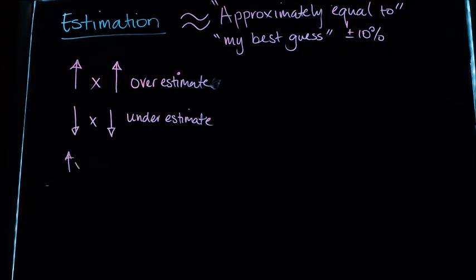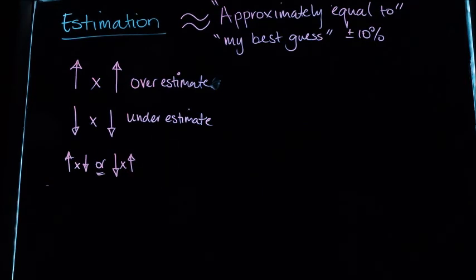If one number rounds up and the other one rounds down, or, I'm just going to do this just for completeness sake, but the other option is the first number goes down and the second number goes up. That combination of adjusting one up and rounding one down perhaps will get us closer to the actual answer or the actual number that we're chasing.